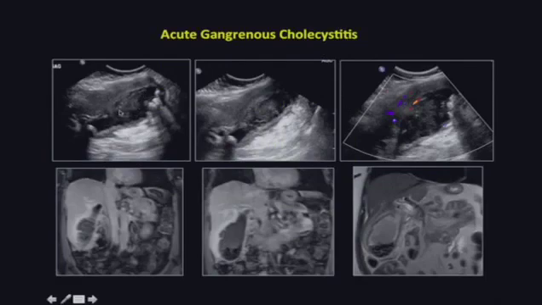Looking at the gallbladder again, I would also be suspicious for this linear membrane within the gallbladder lumen, raising the suspicion for acute gangrenous cholecystitis.